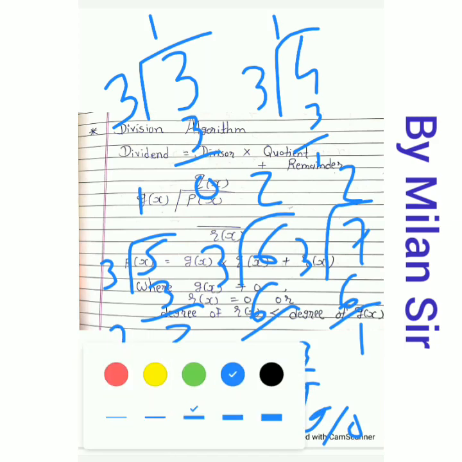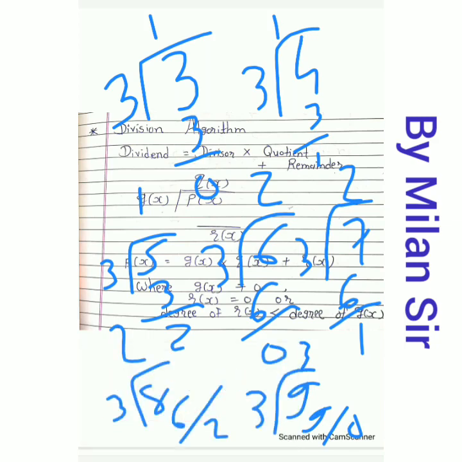Now just pay attention to the remainders: 0, 1, 2, 0, 1, 2, 0, and the same way 0, 1, 2, 0, 1, 2.